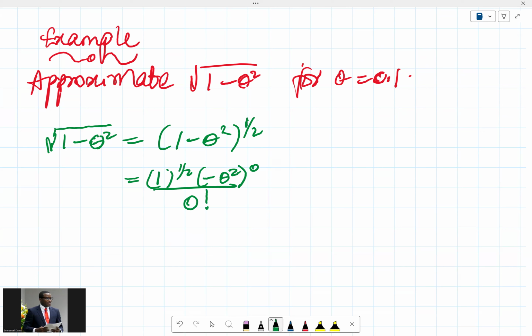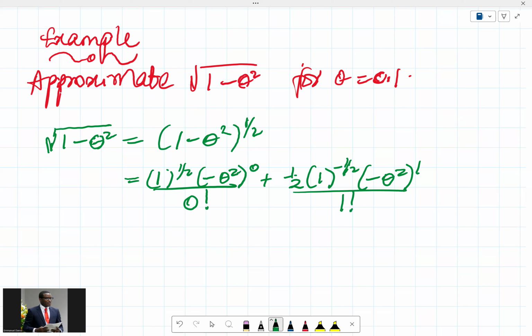Then the next thing is to bring down the power half. So we now have 1 raised to power half minus 1, that's minus half, into minus theta squared raised to power 1, because minus half plus 1 must always give us half. This is divided by 1 factorial.